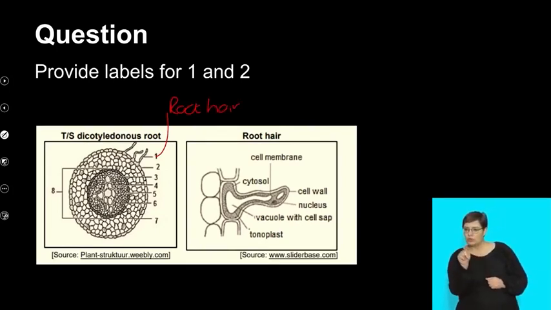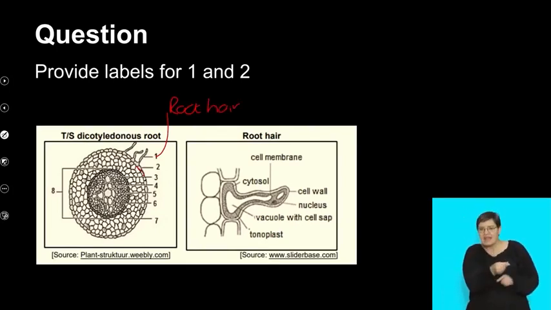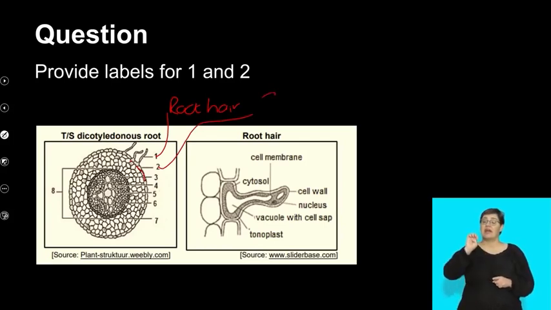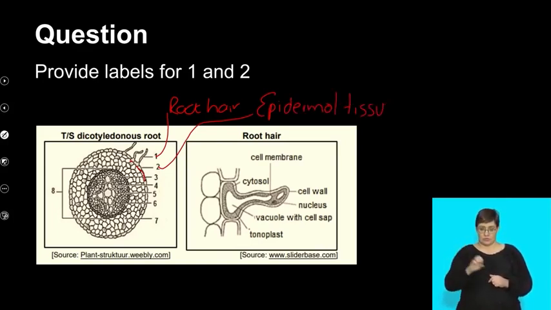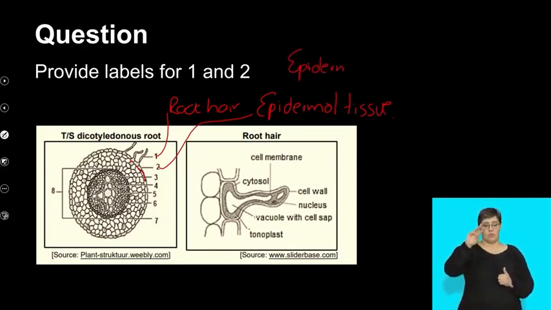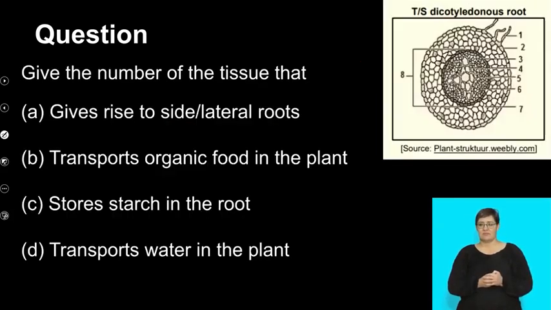And number 2 is the layer, the same as the root hair. We know a root hair is a specialized what cell? Number 2 is going to be, now it says here, labels, epidermal tissue, right? Or you could have said epidermis, because those are the two labels that they would have been.